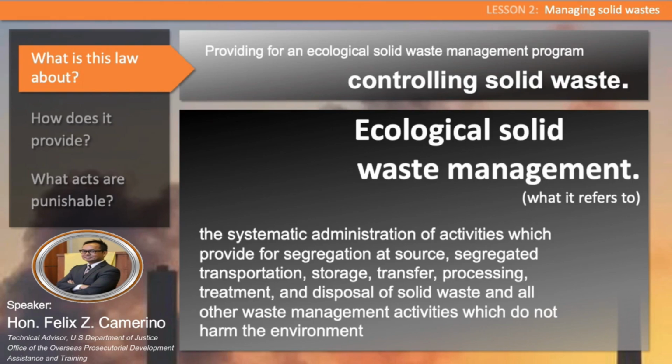The last sentence sort of refers back to how solid waste is just confined to those non-hazardous types of waste, right? Because the idea here, when we are talking about ecological solid waste management, is that the activity does not harm the environment.